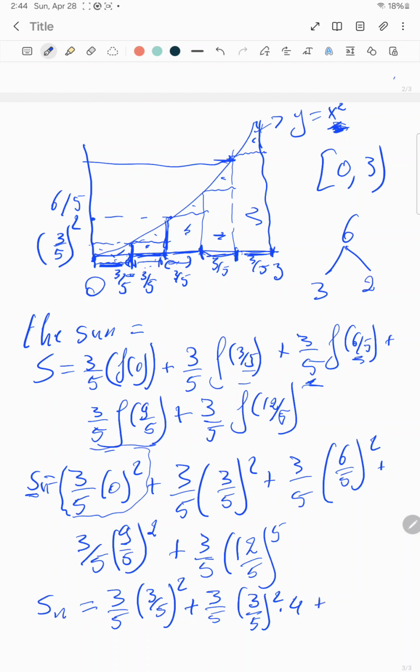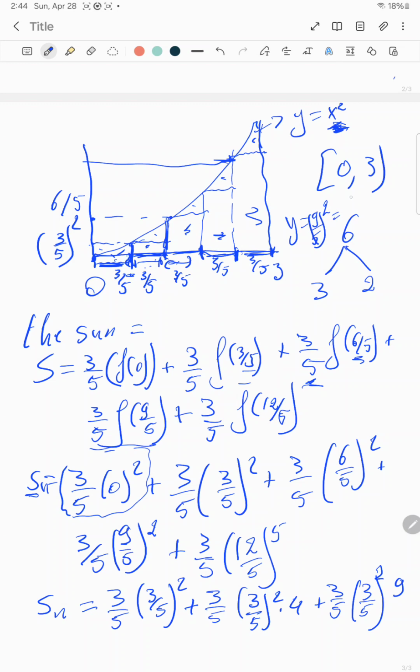And the fourth one here, it is 3 over 5, and the 9 is 3 to the power of 2. So I will put 3 over 5, the first one, and then it will go out by square times 9, because I had f of 9 over 5, y equal 9 over 5 square.